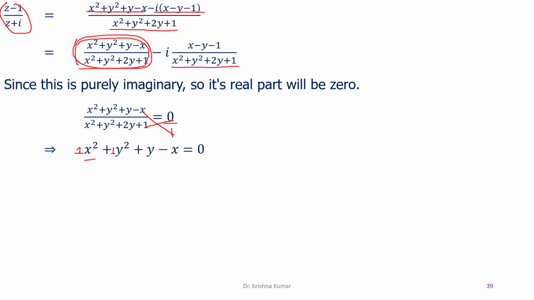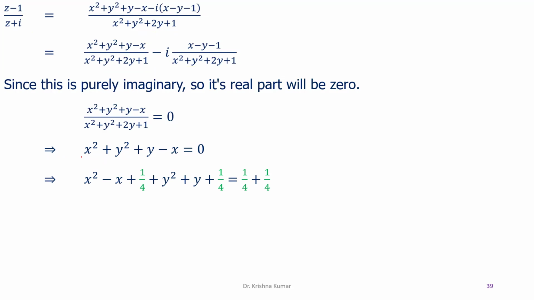So let us write it in the standard equation of a circle. First write x square minus x, and we add 1 by 4 on the left hand side and also on the right hand side. Similarly, for y square plus y we add 1 by 4 on the left hand side, so we also add the same number on the right hand side.